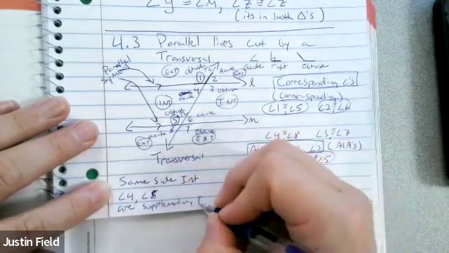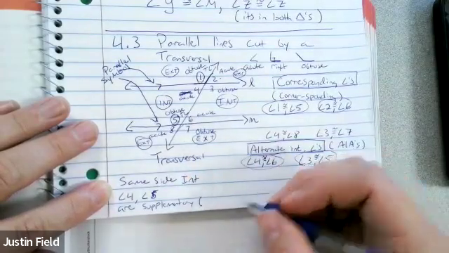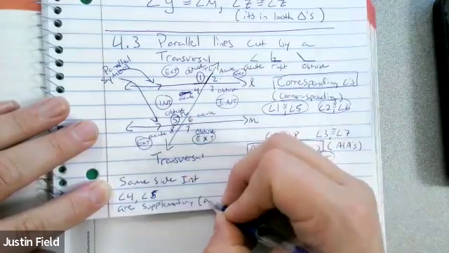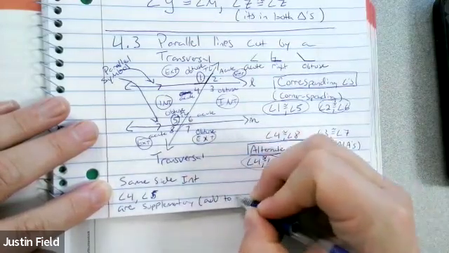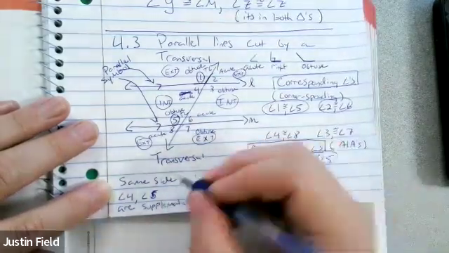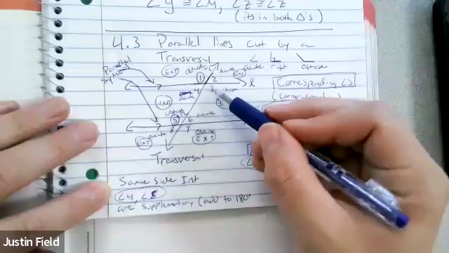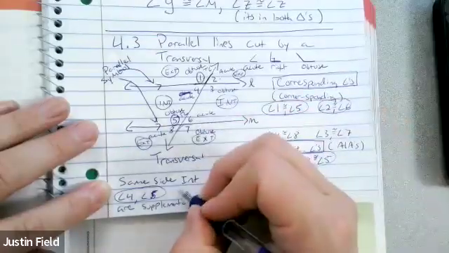And I bet you don't remember what that means because it's been almost a year, but that means they add to 180 degrees. And so that's one pair, and there's one more pair, 3 and 6.